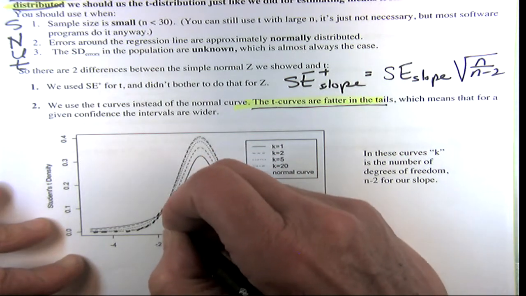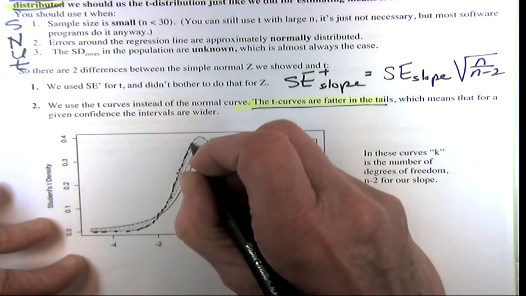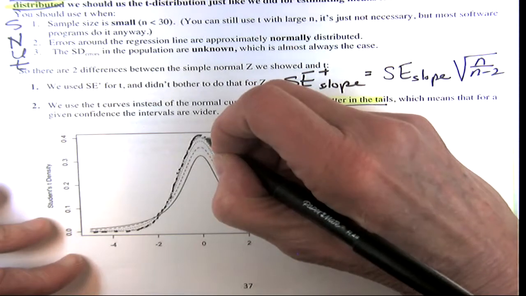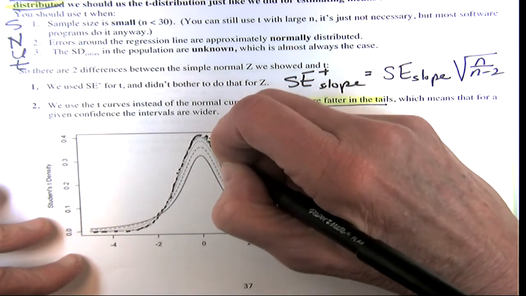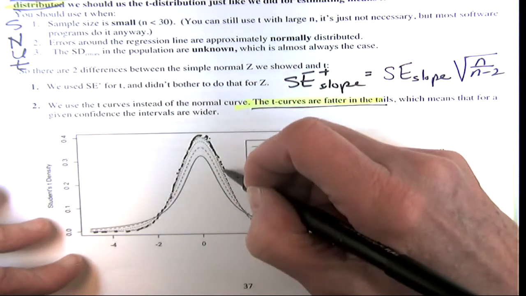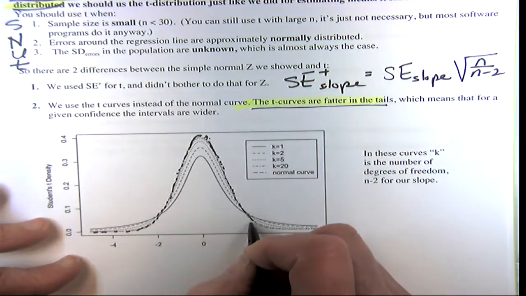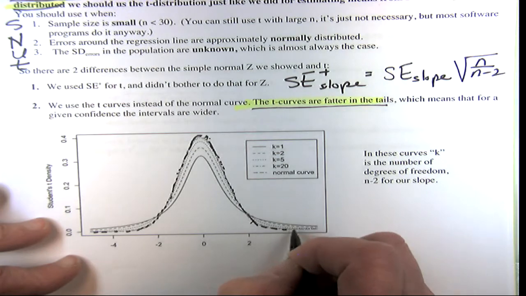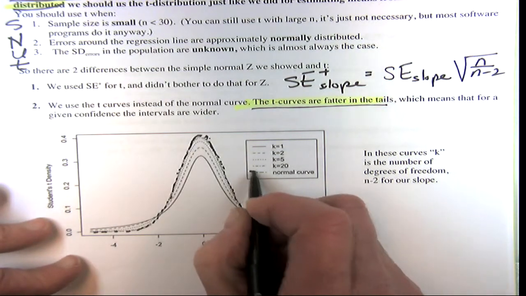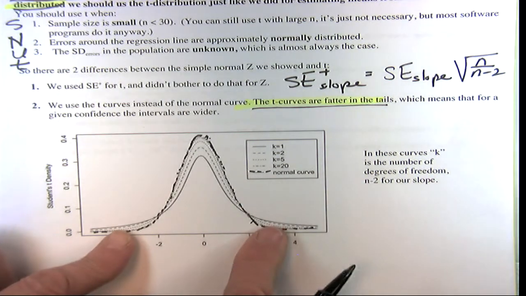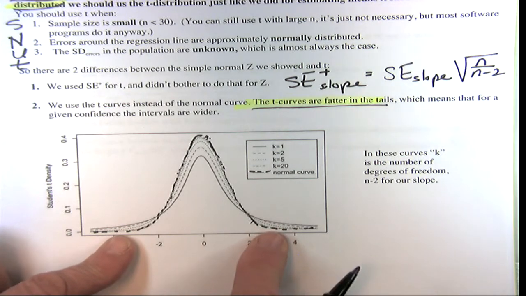Remember, they all are 100%. They're all going to have an area of 100%, but it's distributed differently. So it's more bunched in the center. This is the normal. And skinnier in the tails.